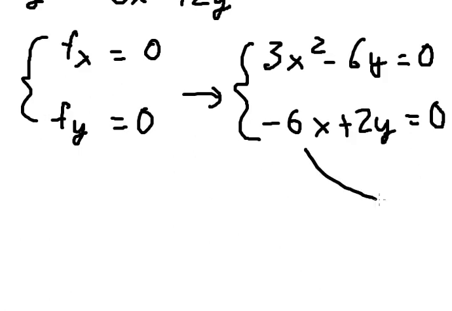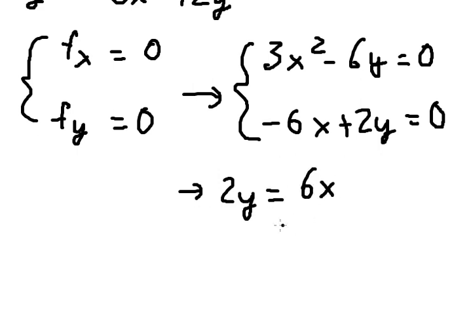So I will put this one going here, and we have 2y equal to 6x. Later that we divide both sides by number 2, and we have 3x. So I will put this one to change in here.